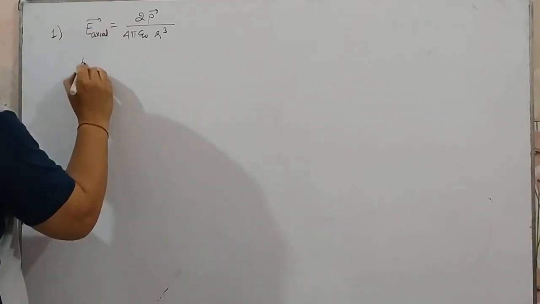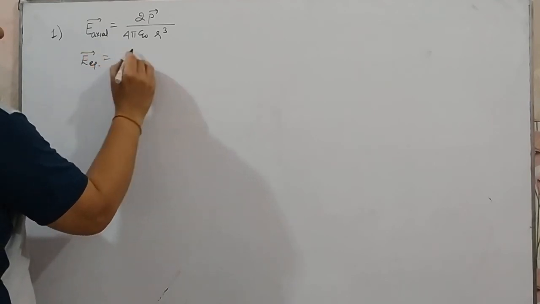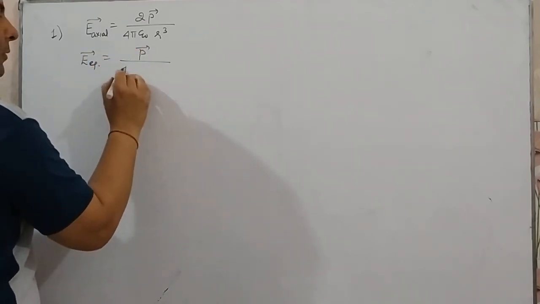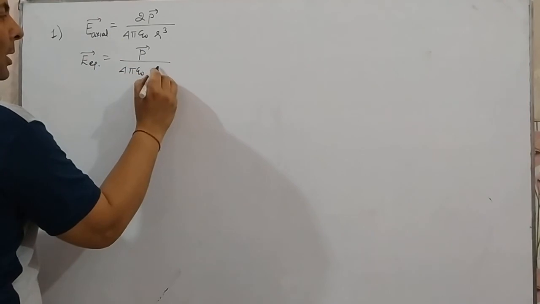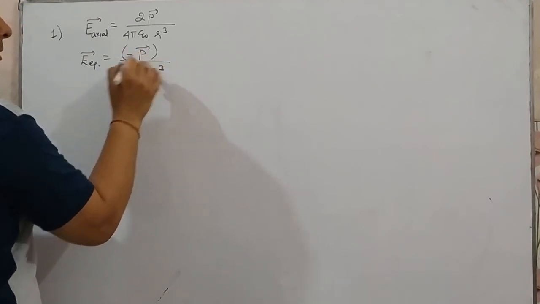And E equatorial is given as P upon 4 pi epsilon naught R cubed, with a negative sign. So you can observe two things.